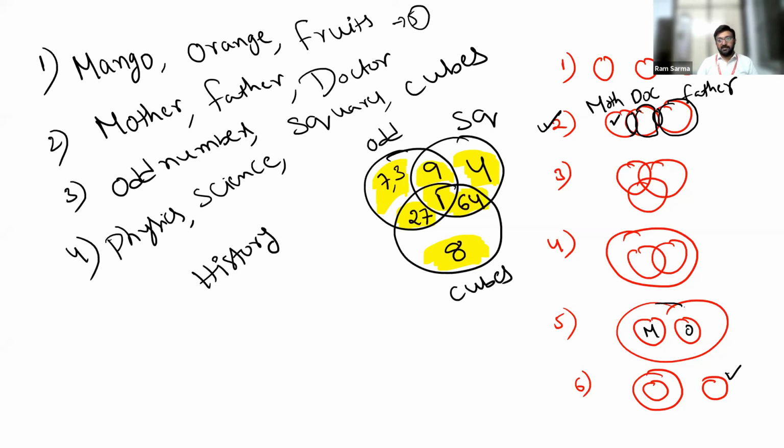What will be your answer? Six. Wonderful. So physics is a subset of science. The outer circle, if this is science, the inner circle should be physics, and this one should be history.